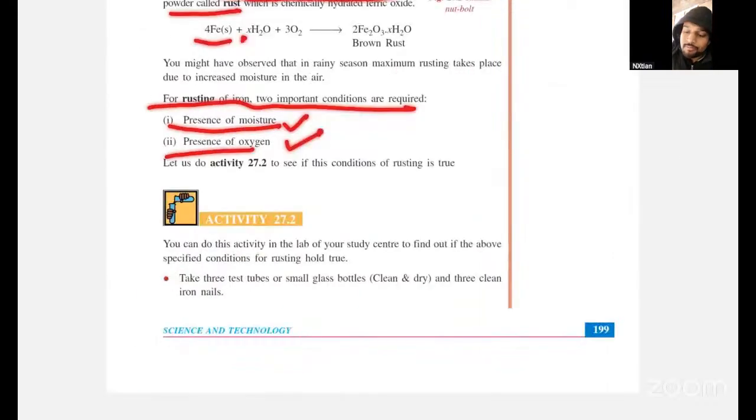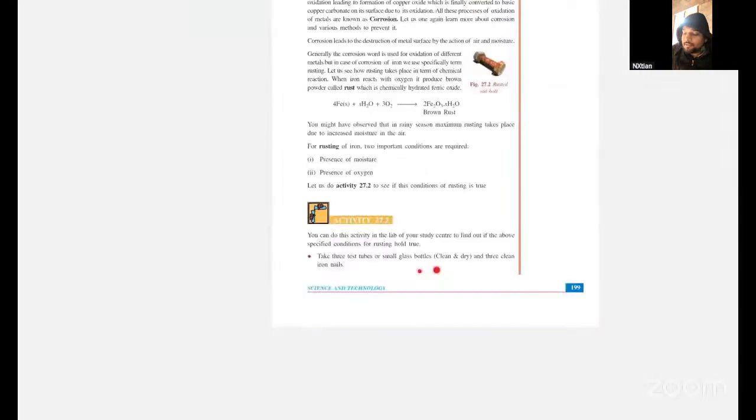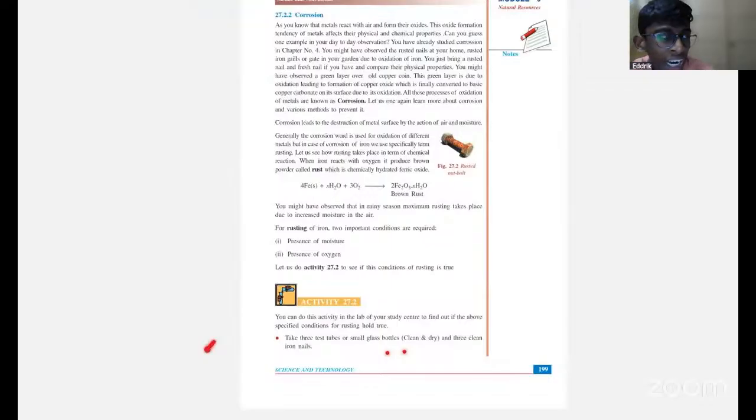Now I will take it out. Is it clear, sir? Why is there an X over there? You have to balance it. I thought you can just put a 6 instead of an X and it will become Fe(OH) thrice.